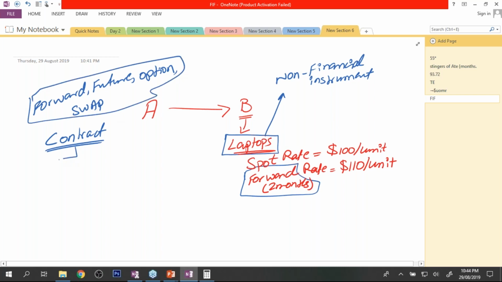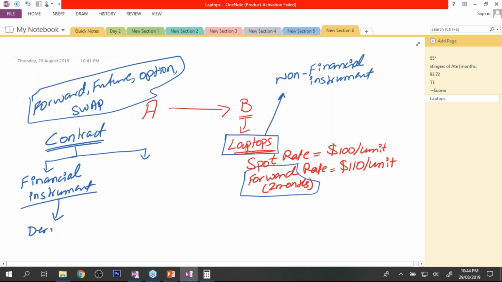But whenever we sign a contract, we need to check whether the contract relates to a financial instrument or not. If the contract relates to a financial instrument, we call this a derivative. But if the contract relates to a non-financial instrument, we call this a non-derivative.